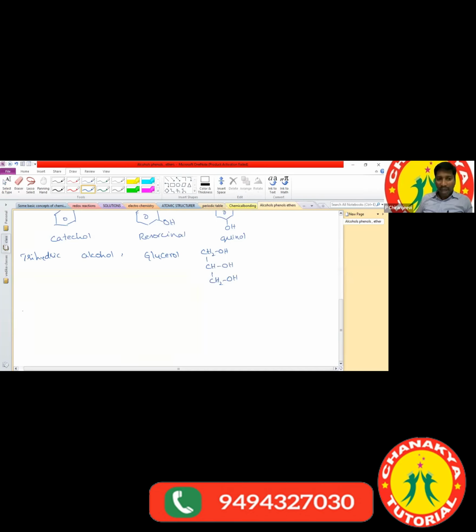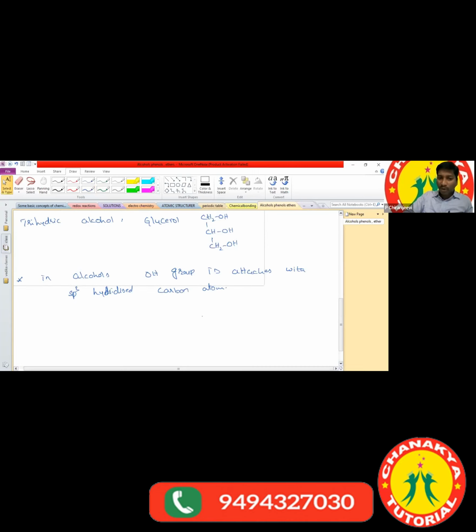Now, in alcohols, the OH group is attached to an sp3 hybridized carbon atom.